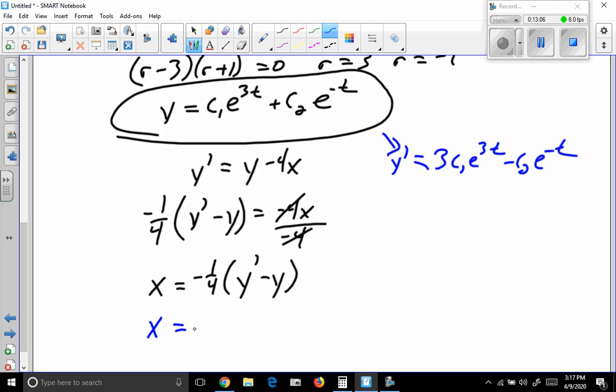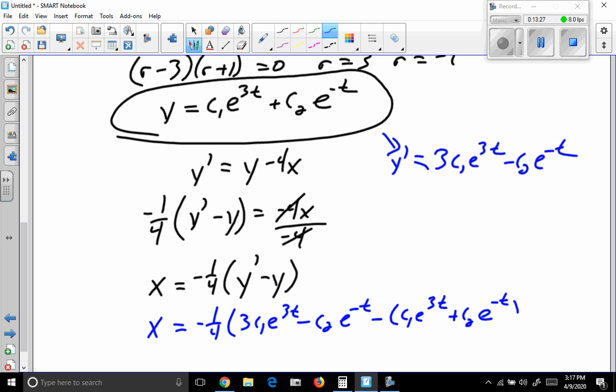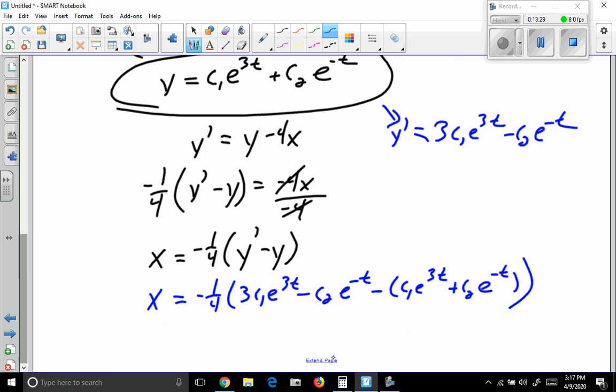So then x is going to be negative 1/4 times y prime, so 3c1 e to the 3t minus c2 e to the minus t, minus y, so minus c1 e to the 3t plus c2 e to the minus t. So we can simplify that a little bit.